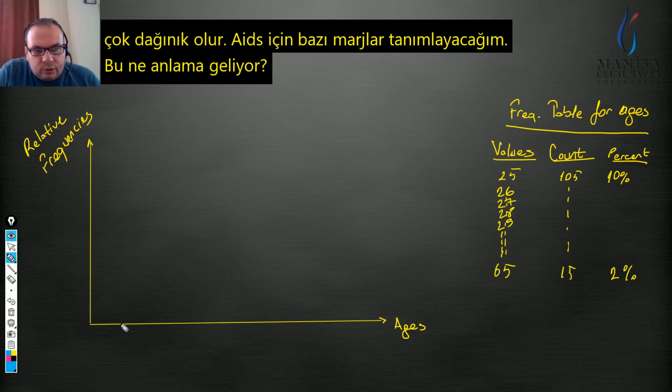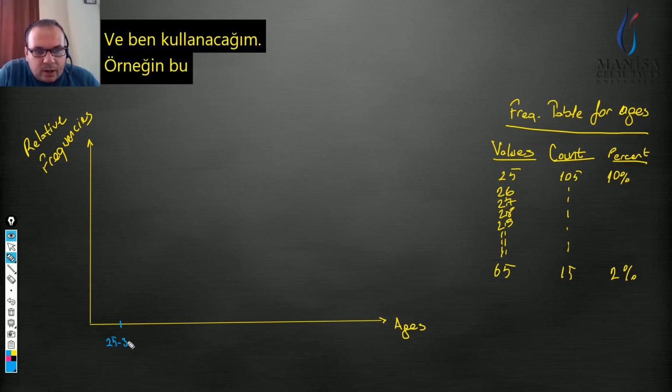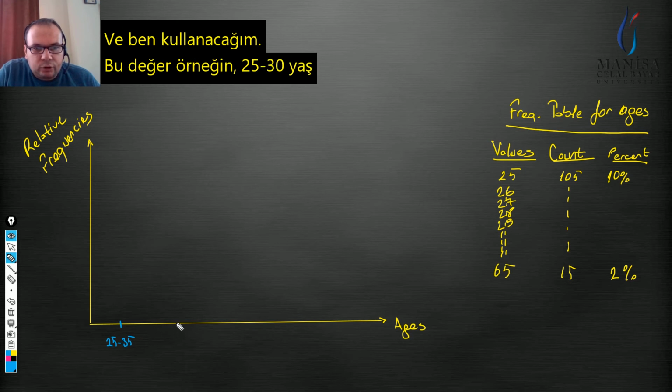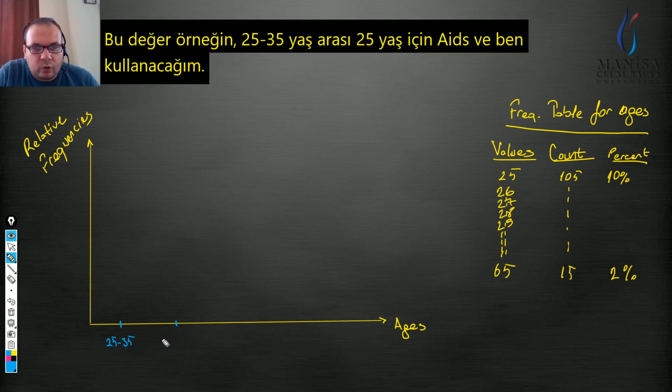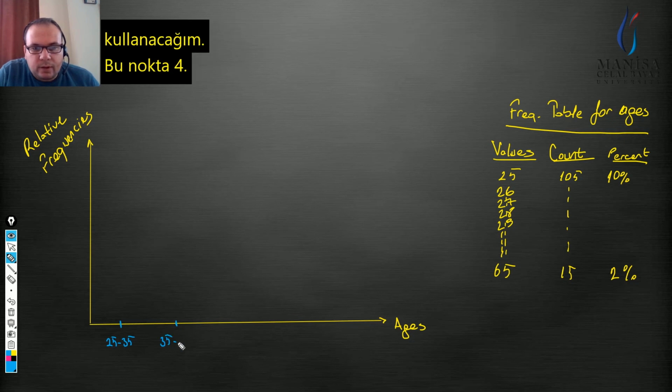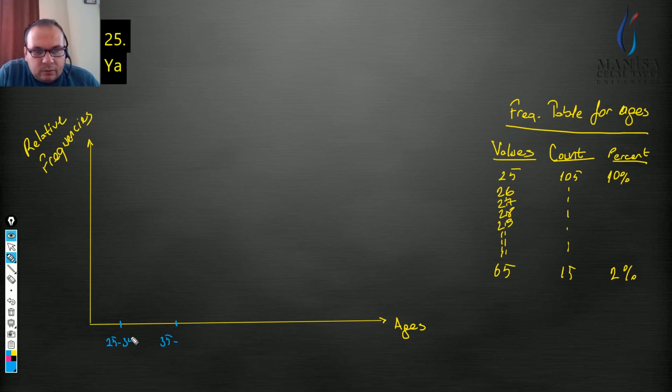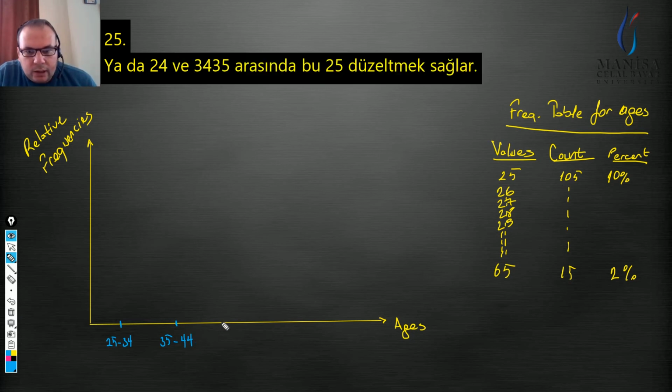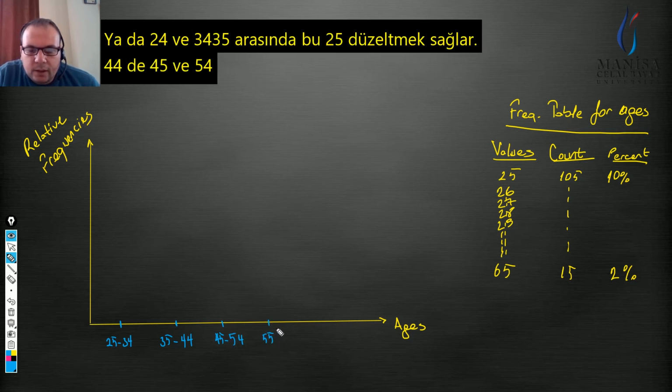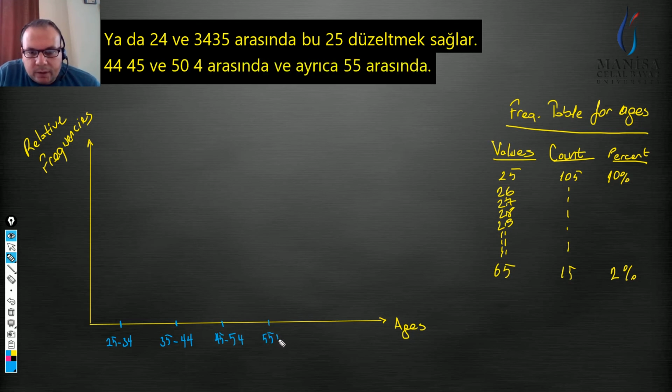I'm going to use this value for example, age between 25 and 34, 35 and 44, and also between 45 and 54, and also 55 plus.